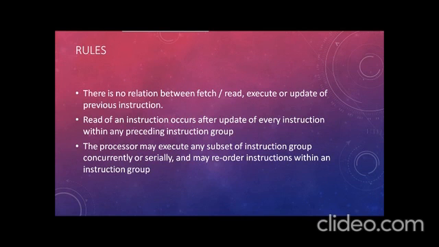Read of an instruction occurs after update of every instruction within any preceding instruction group. The processor may execute any subset of an instruction group concurrently or serially and may reorder instructions within an instruction group.